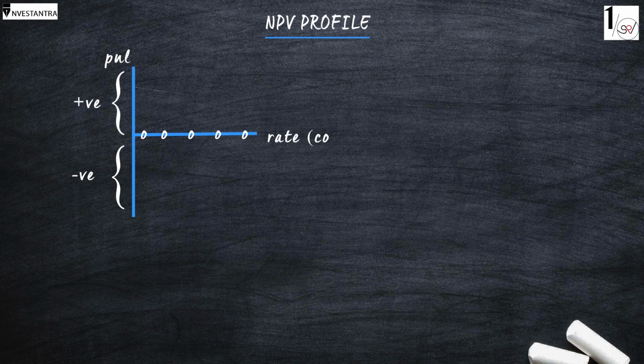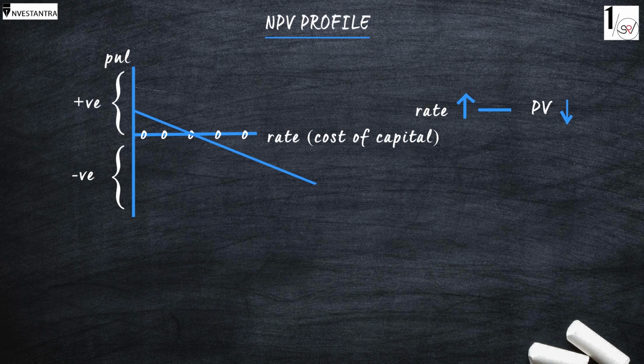As in when I keep increasing the discount rate, what happens to the NPV? That's sort of what your NPV profile is, right? So as I keep increasing the interest rate, what will happen to the NPV? Now remember that because this is a discounted cash flow, as rate goes up, you need more return, cost of capital, right?